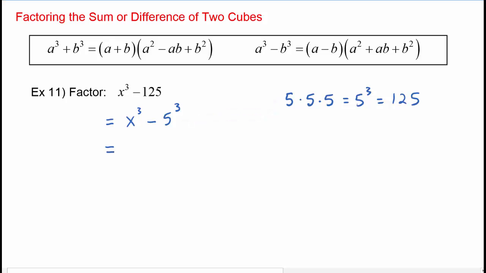Now that we have it written as the difference of two cubes, we can apply this rule. So then the factorization is going to be quantity x minus 5 times quantity x squared plus x times 5 plus 5 squared.